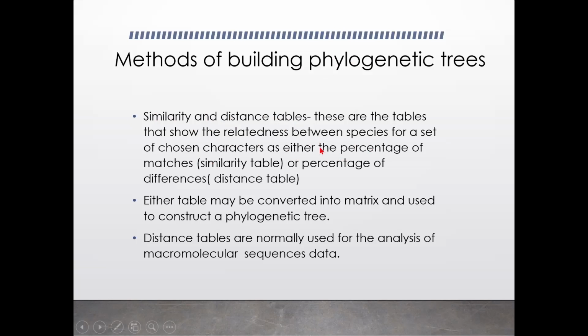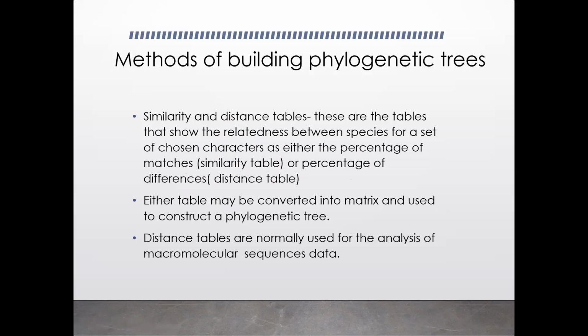If the relatedness is the percentage of matches, the table constructed by comparing the characters is called a similarity table. Or if you take the percentage of difference into consideration, the table constructed is called a distance table.